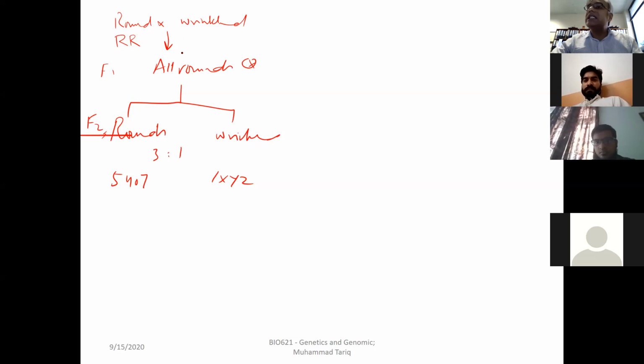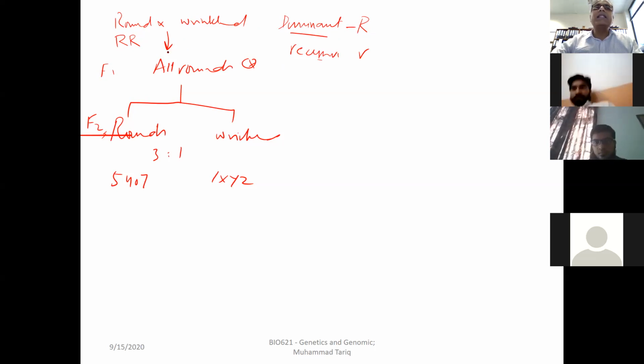Then he started assuming that the dominant trait he would designate with a capital letter, capital R, and the recessive one with a small r.